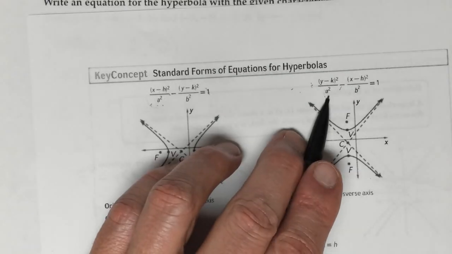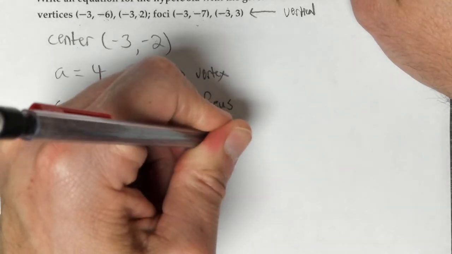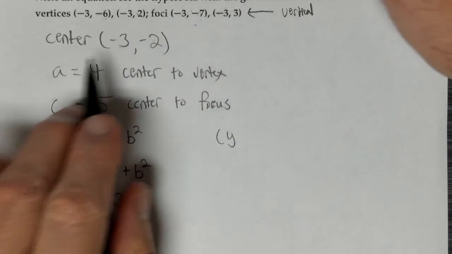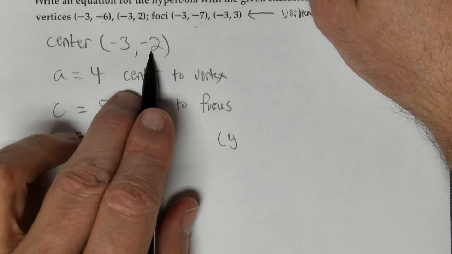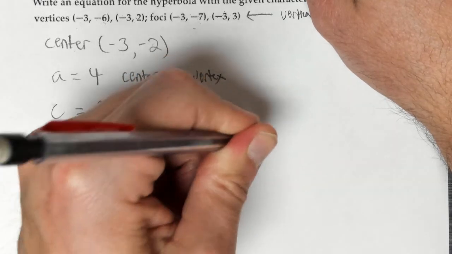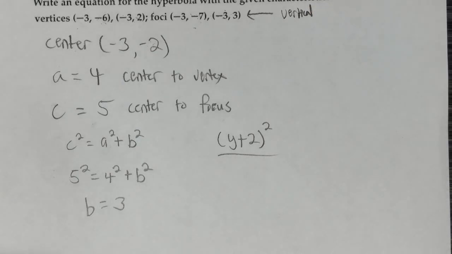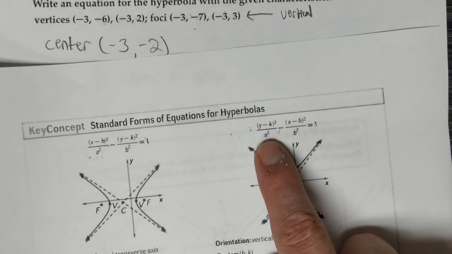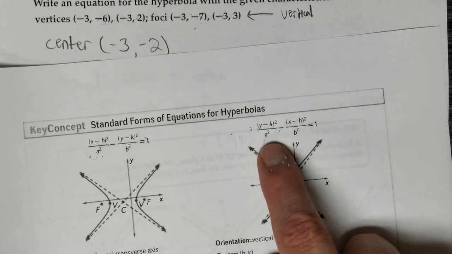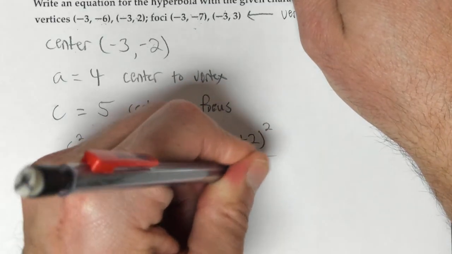Remember, we're vertically oriented, so we'll start with this. The y's will come first. So this is going to be y, and using my center, remember the k goes with the y, so that's +2. Close it and squared. Over, and remember now, this is going to be my a, so my a is coming first. 4 squared is 16.